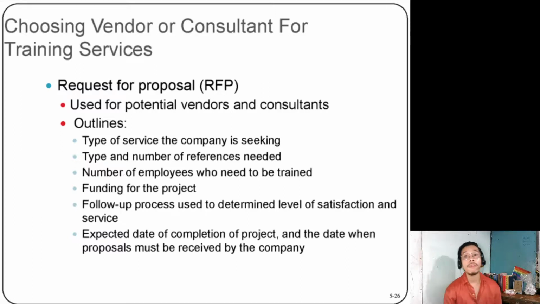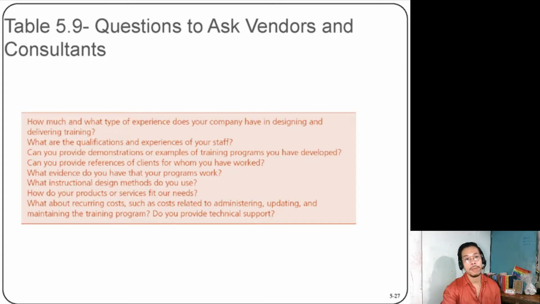It will give an overview of the needs of the company, like how many people are working in the company, what type of training will be conducted by the trainers, and all of the background information pertaining to the company, right? So these are the questions that you will be asking if you'll be talking to your vendors and consultants if you're planning to outsource your training.